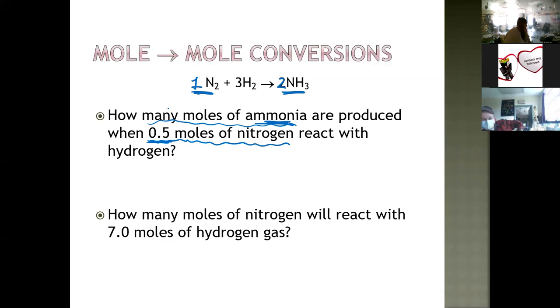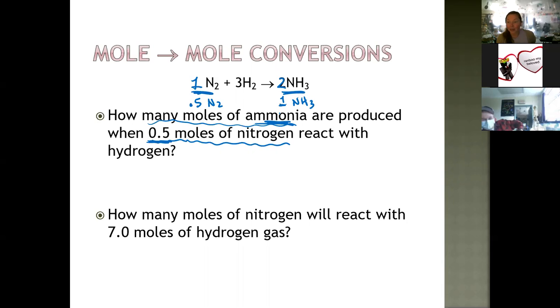What do you think? Any guesses? One to 2 is equal to 0.5 to 1. Exactly. I can make 1 mole of ammonia if I have half a mole of nitrogen gas.